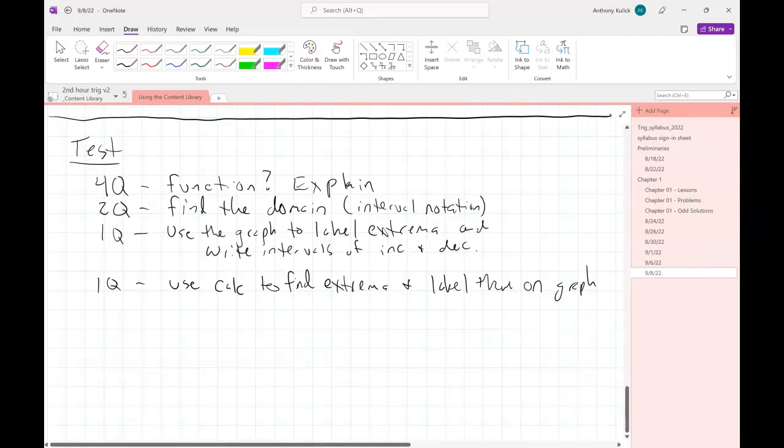So you have one question where I'm going to ask you to use your calculator to find the extrema. And then I'll give you a picture of what your calculator should look like. And you'll label them again on the graph as local or global maxes and mins.